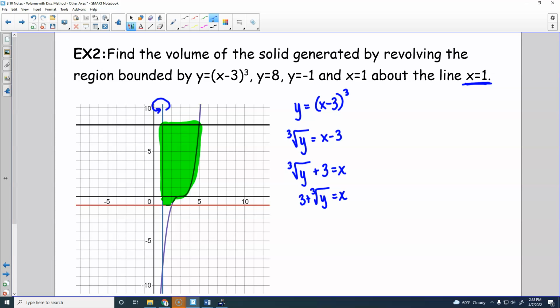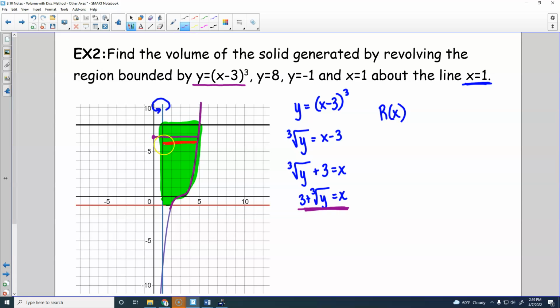All right. So, if we're thinking about what we have here, we need to know this length. That would be our outside radius. It's always a little confusing to me when we're dealing with y's here. When I look at the equation of a function in terms of x, like I have here, that equation gives me the distance from the y-axis over to the curve.